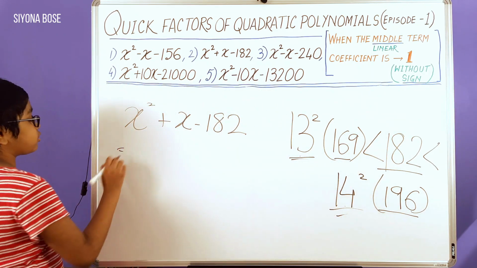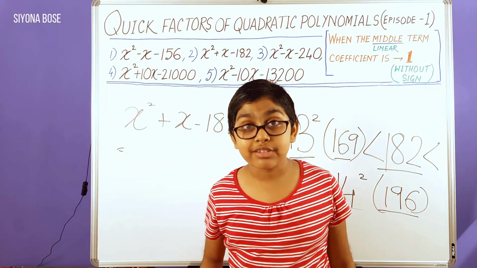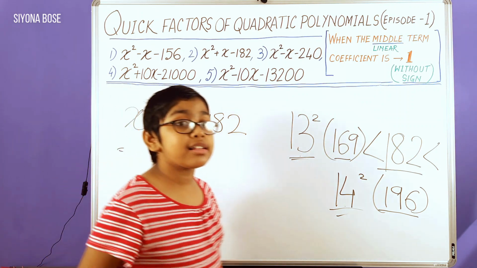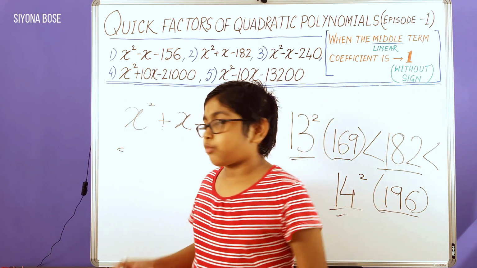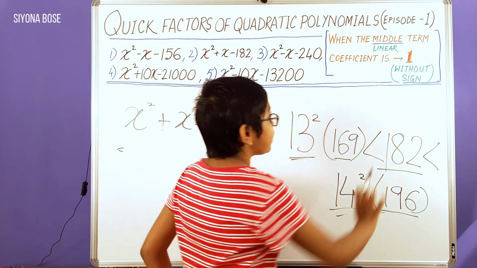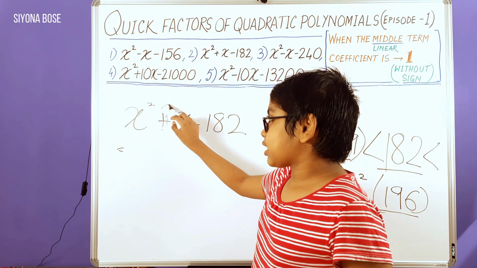Now accordingly we can factorize. We have a negative sign from 182, that means we find the difference between the terms. And we have a positive sign in front of x, I mean the linear term, when the middle term coefficient is 1. The linear term has a positive sign in front of it.